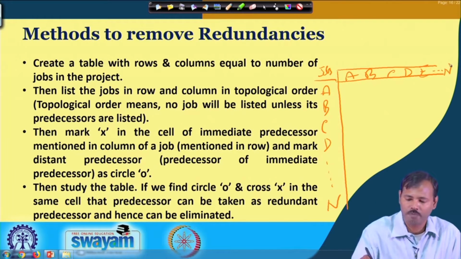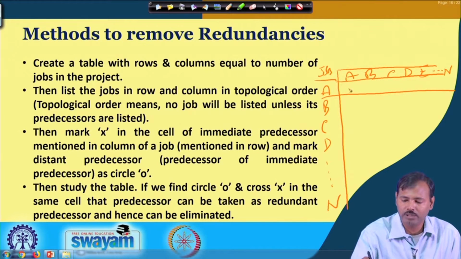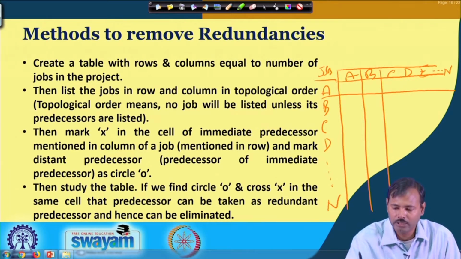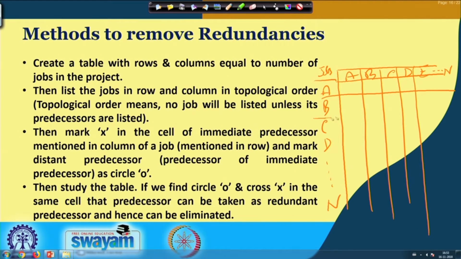So, that means, say if A does not have any predecessors, we will not provide anything in this, we will leave all the boxes blank. Okay, let us prepare the box like this. So, we will leave all these boxes blank, but suppose B is having A as its immediate predecessor, we will mark a cross on A and for the rest it is not mentioned. Suppose for C we are mentioning B as the immediate predecessor.